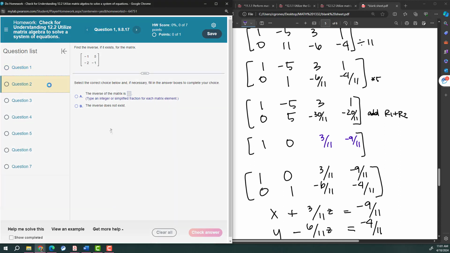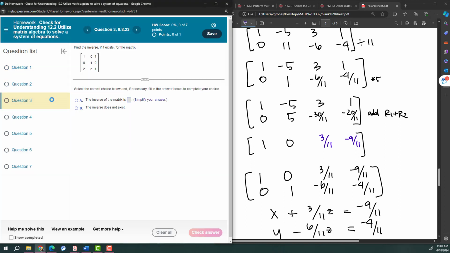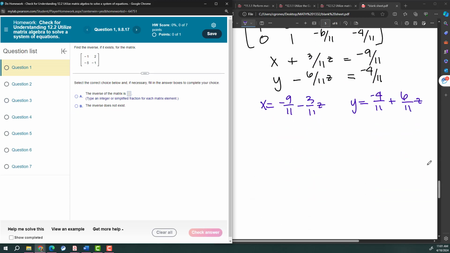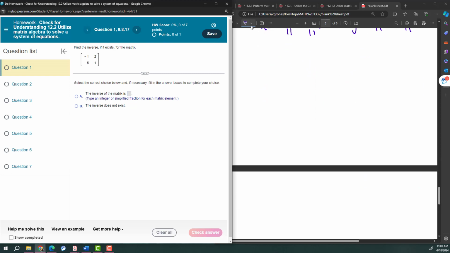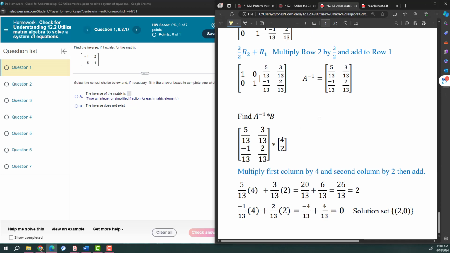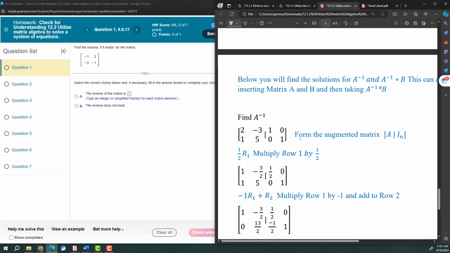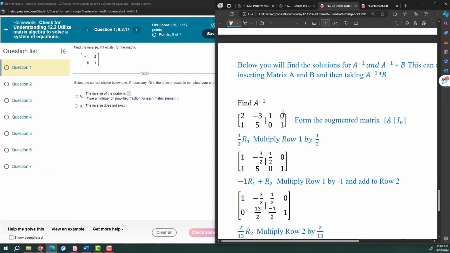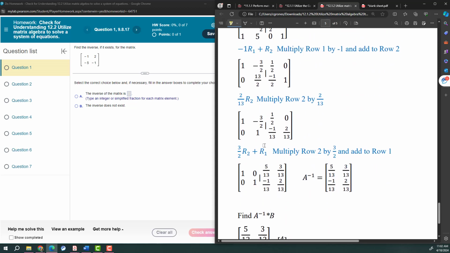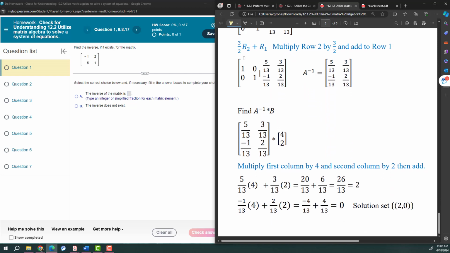For 12.2, I'm going to start with, it says to find the inverse if it exists for the matrix. So remember for the inverse, you are going to use the identity matrix added on, and you'll work it similarly to how we've been working it to figure out what your x and your y is. That will give you your inverse matrix.